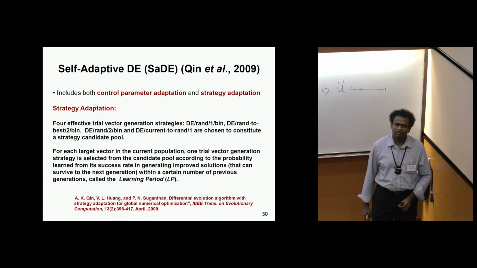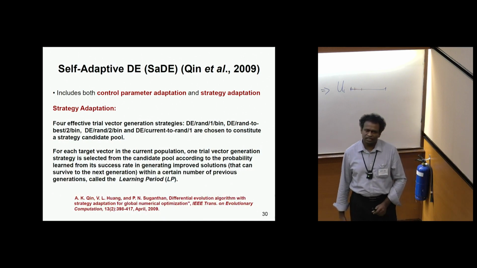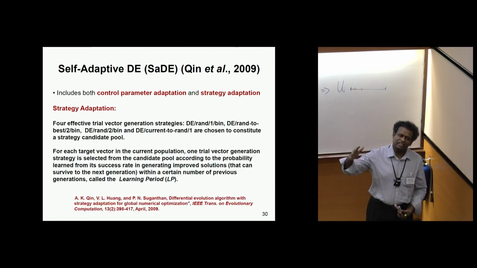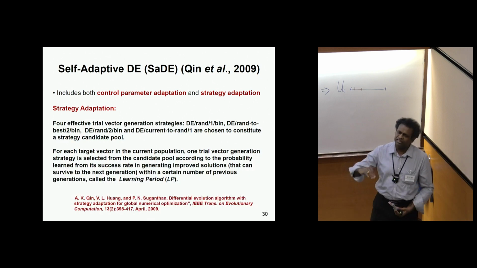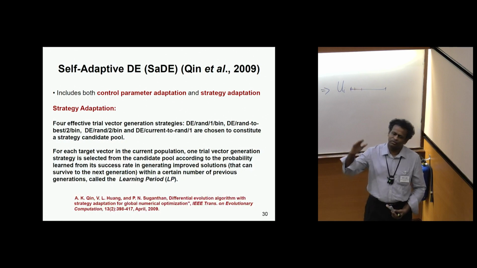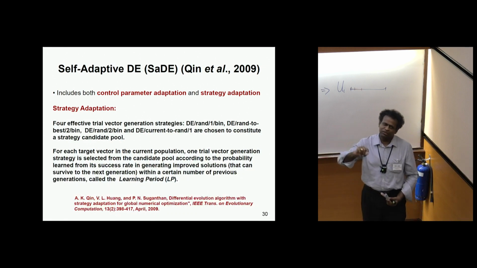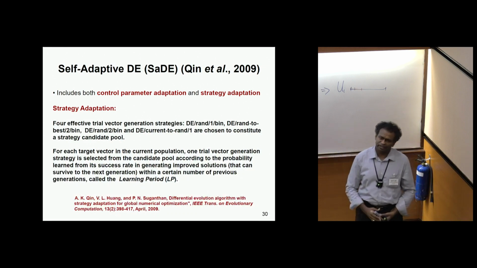When you have multiple mutation operations, before this work, researchers had to do extensive trial and error search to pick one of them. Out of those 5-6 mutation operators, you do lots of simulations and then say, for this problem, this mutation operator is very good.